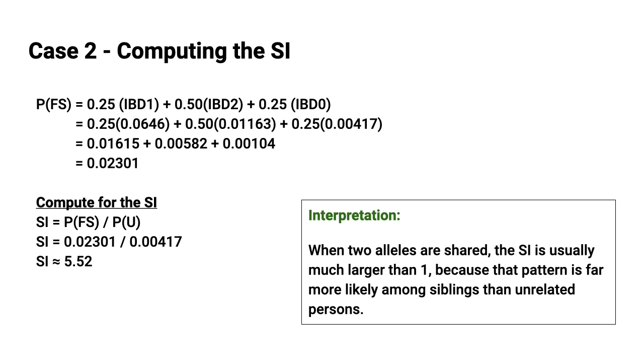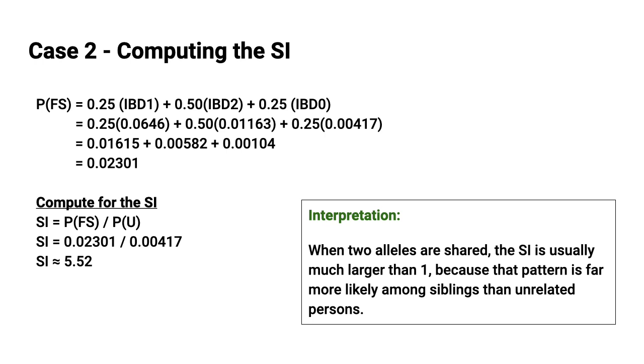Now, let's compute the siblingship index. The general formula is we combine for full siblingship: 0.25 times IBD2 plus 0.5 times IBD1 plus 0.25 times IBD0. So we'll just substitute based on our previous computations. And the answer is 0.02301.